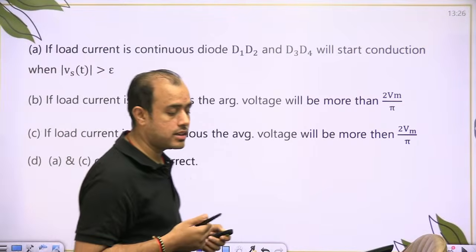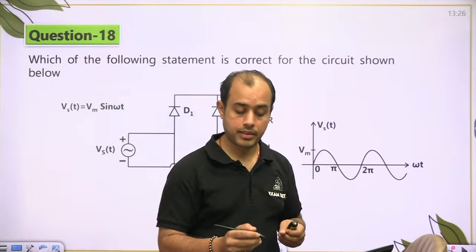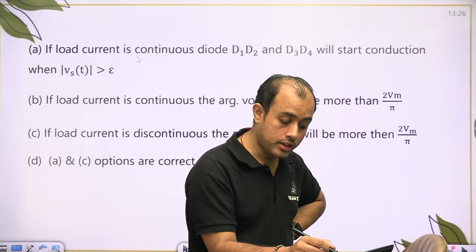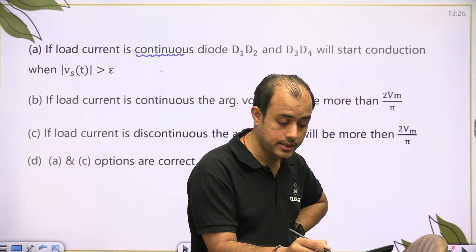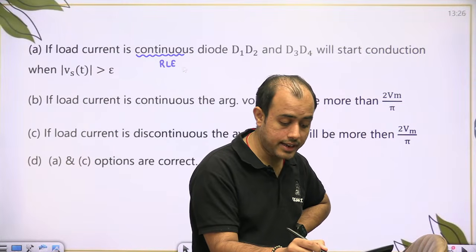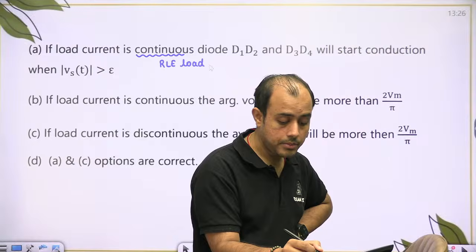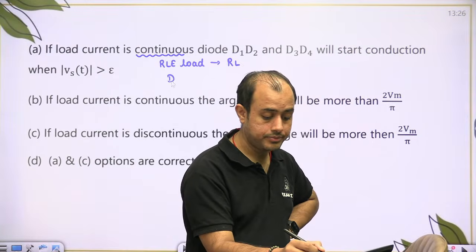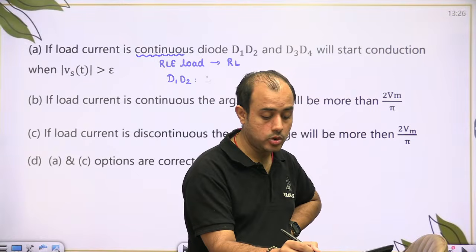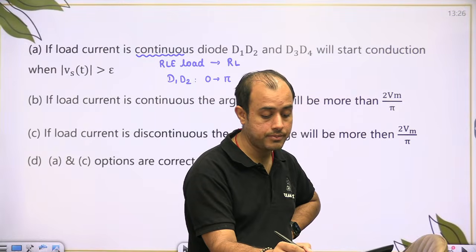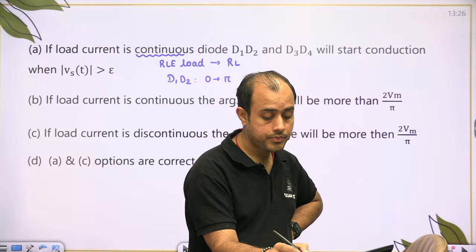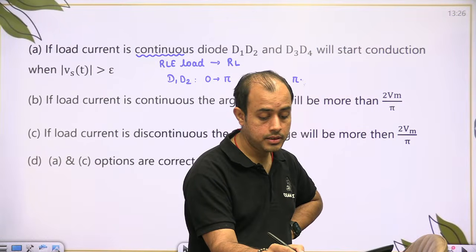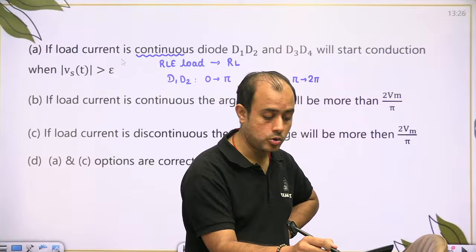Now beta, for continuous conduction, an RLE load behaves like an RL load, which means D1, D2 will conduct from 0 to pi, and D3, D4 from pi to 2 pi.